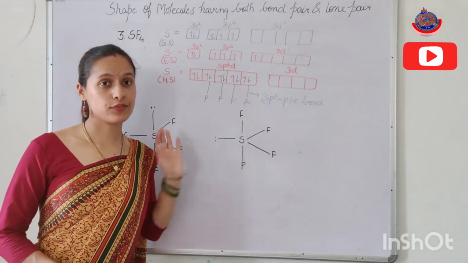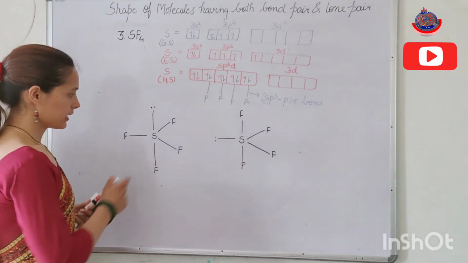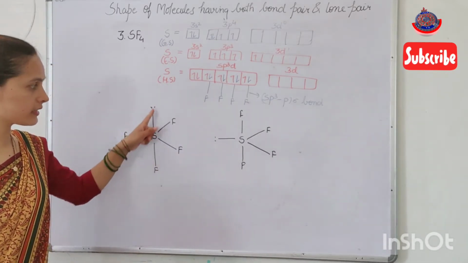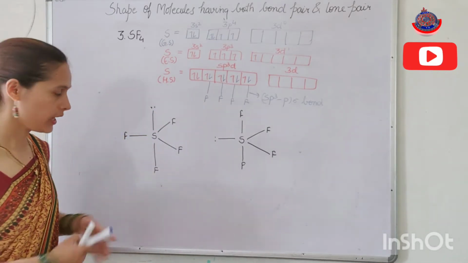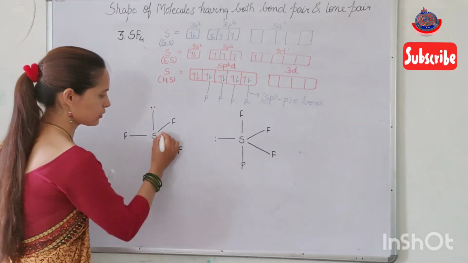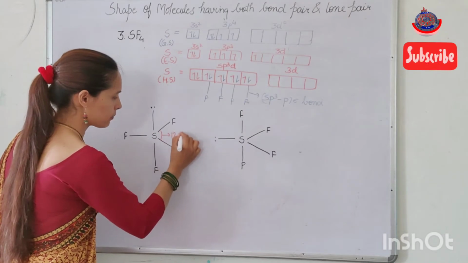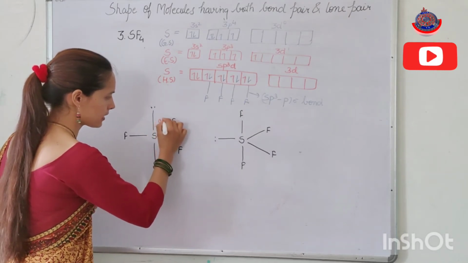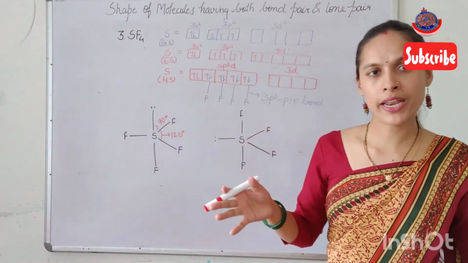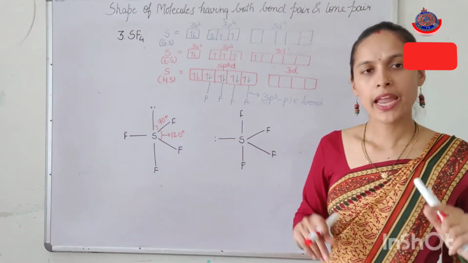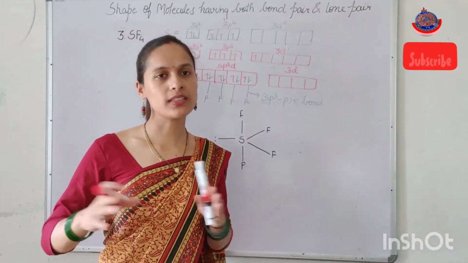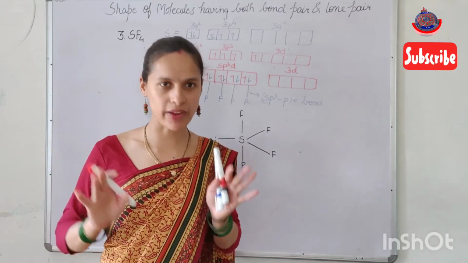Now, what is the difference in these two? If I see this structure, when the lone pair is occupying the axial position, then the bond angle here is 120 degree and the bond angle between them is 90 degree. Now we know that greater the bond angle, lesser is the repulsion. It means if the bond angle is 120 degree or 180 degree, we consider the repulsion as a negligible factor.